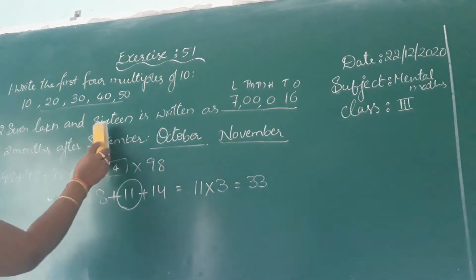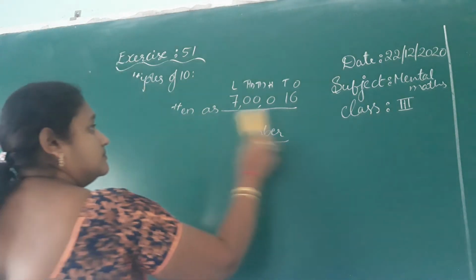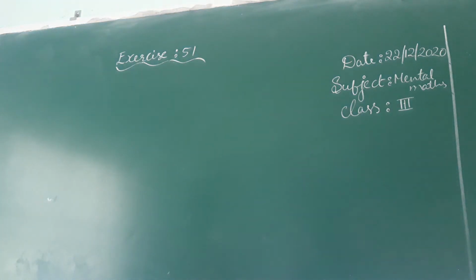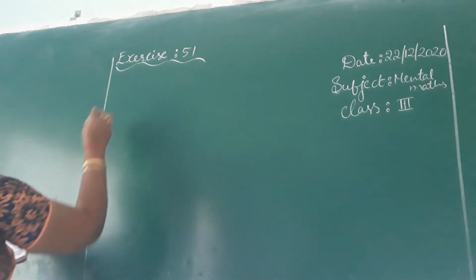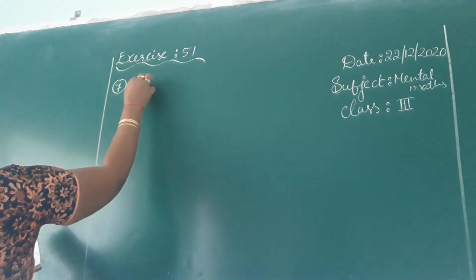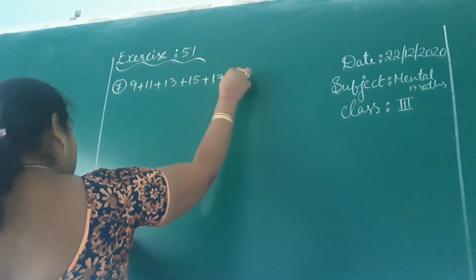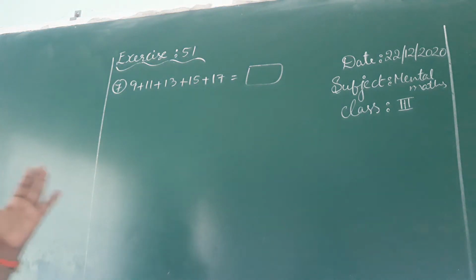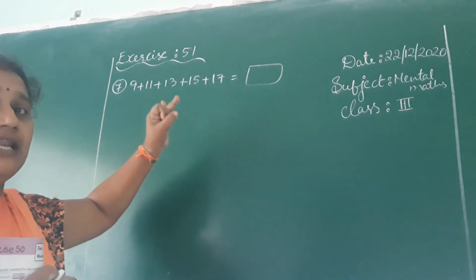See the next one. 9 plus 11 plus 13 plus 15 plus 17. Here if you observe, every number differs by some number. What is the difference between 9 and 11? 2.